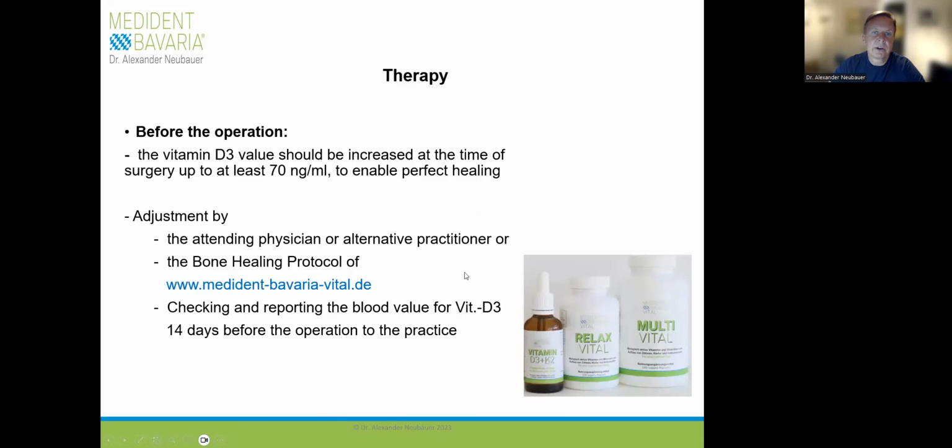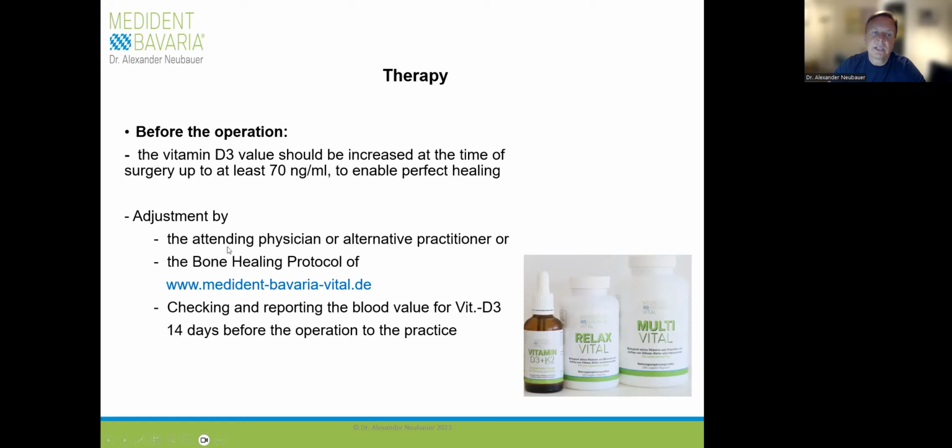So what about the therapy? How can we deal now with the cavitations? Before the operation, the vitamin D3 level should be increased, at the time of the surgery, up to at least 70 nanogram per milliliter to enable your body to build and grow new, healthy bone.